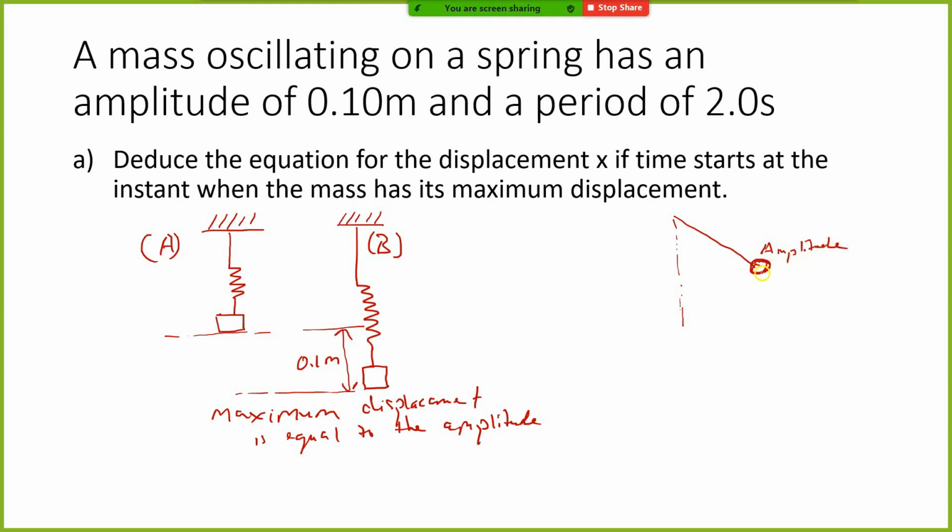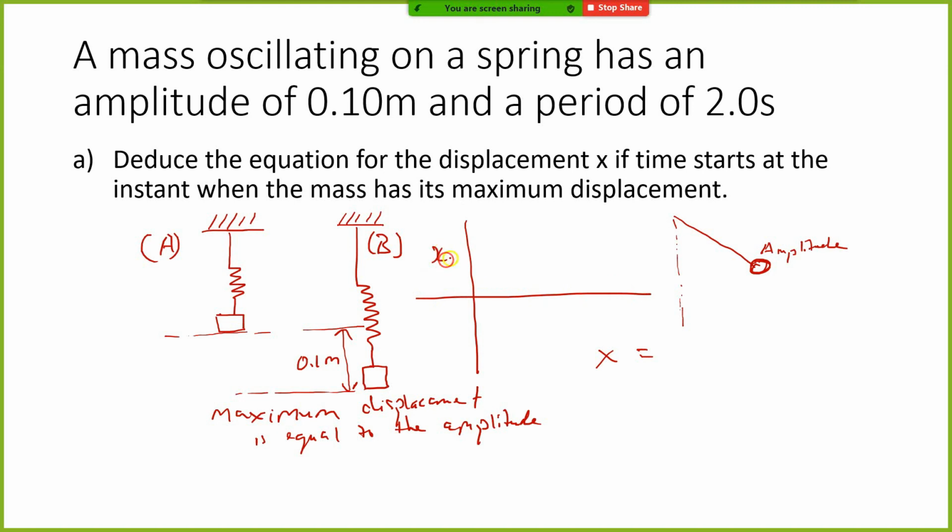Don't we use force equals mass times acceleration? No, that's not what I want. The equation I really want is related to displacement. Once you're starting at the amplitude, the graph is going to be a cosine graph. Remember when we were looking at this?